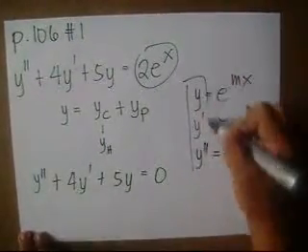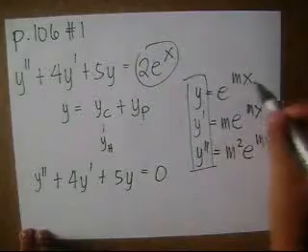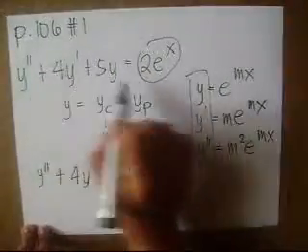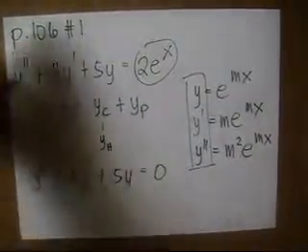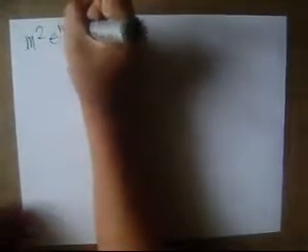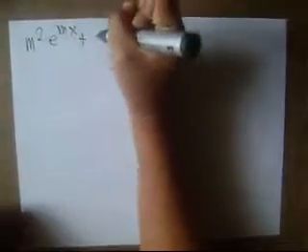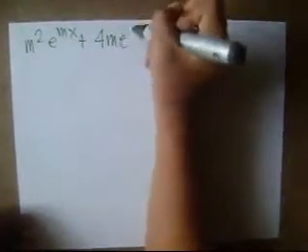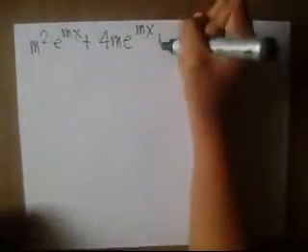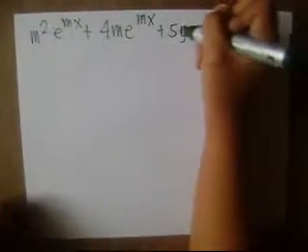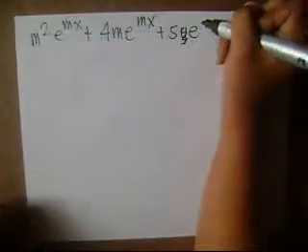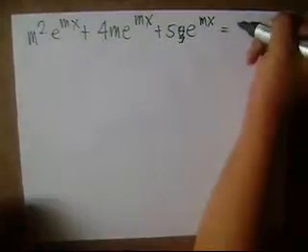The results for these derivatives will be substituted in this equation: m squared e^(mx) + 4m e^(mx) + 5 e^(mx) = 0.